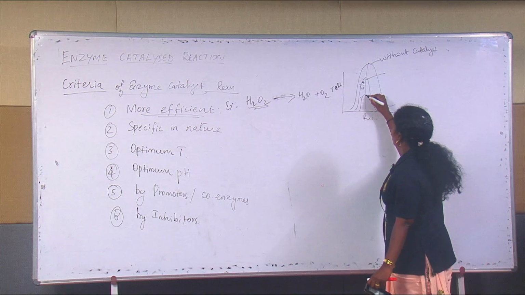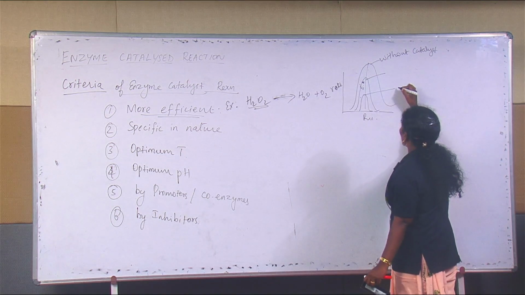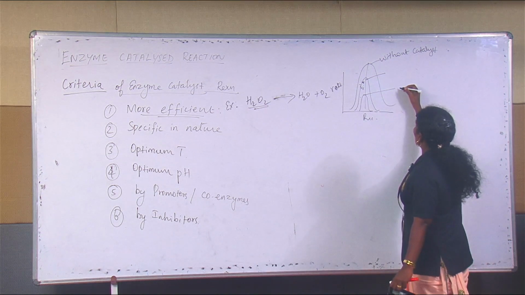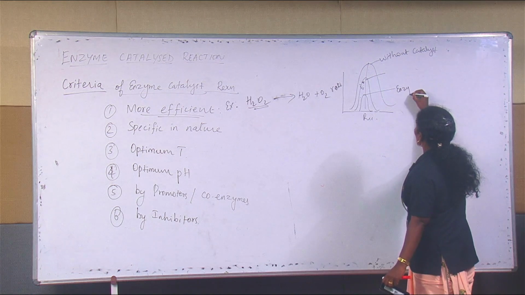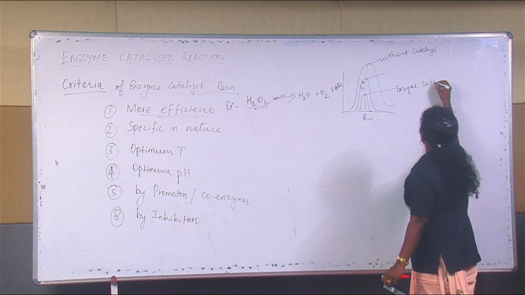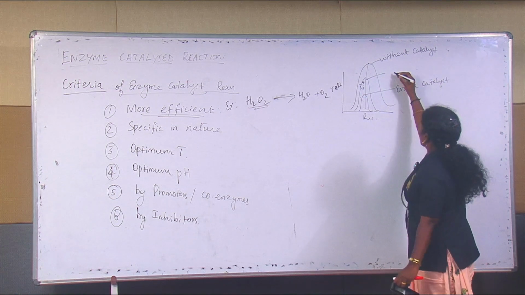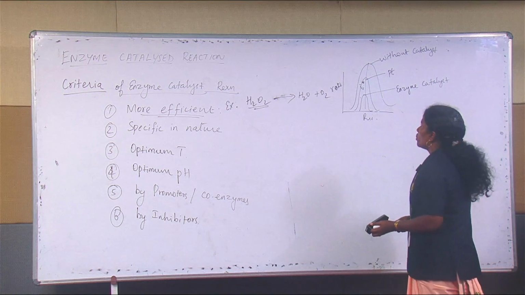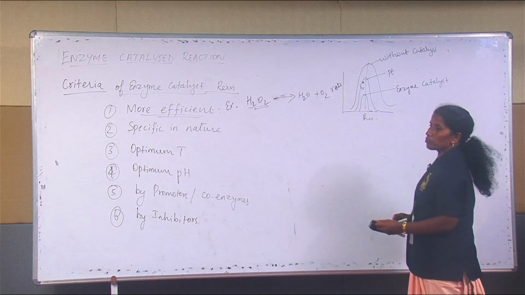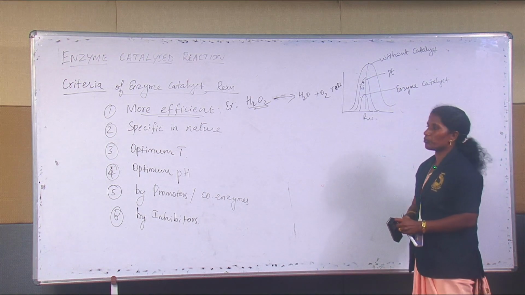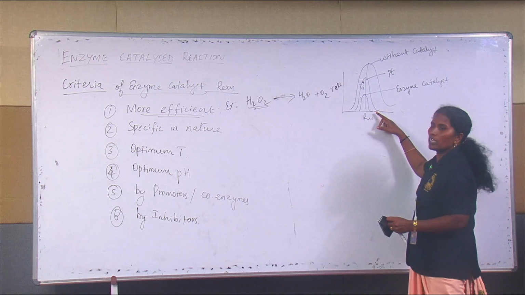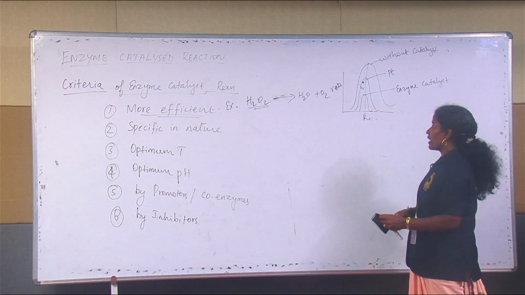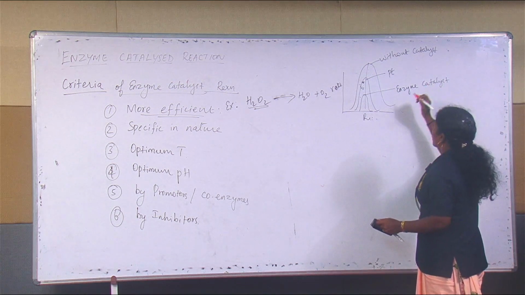If you use an enzyme catalyst, the EA value is much less compared to other catalysts. When the EA value decreases, the rate of reaction is greater because the reaction pathway is easier. So it speeds up the reaction. The rate of the reaction is greater when you use an enzyme catalyst.